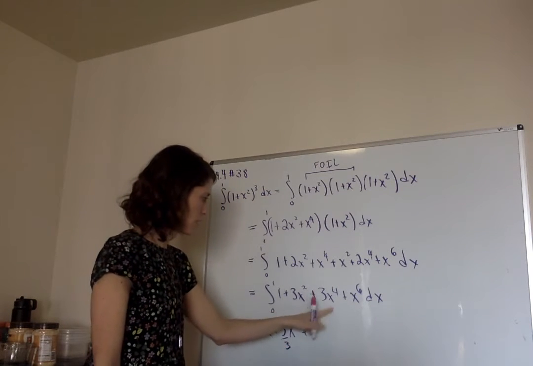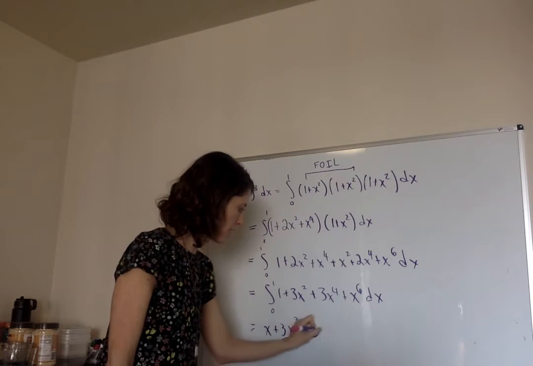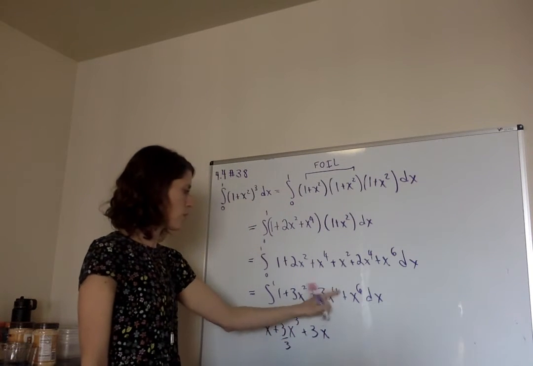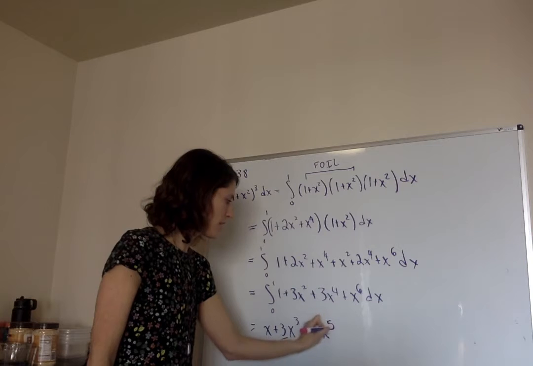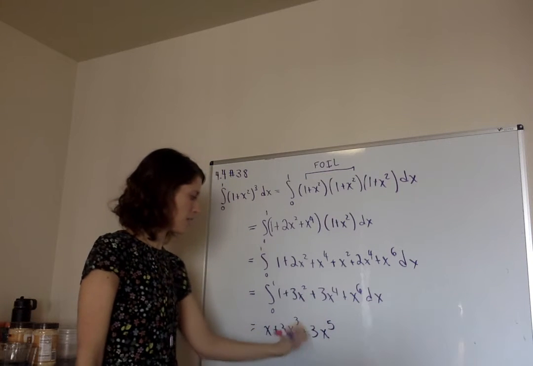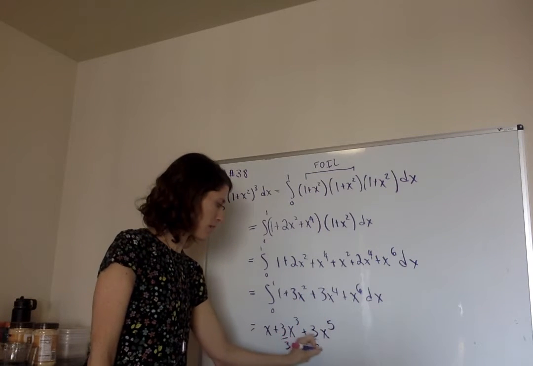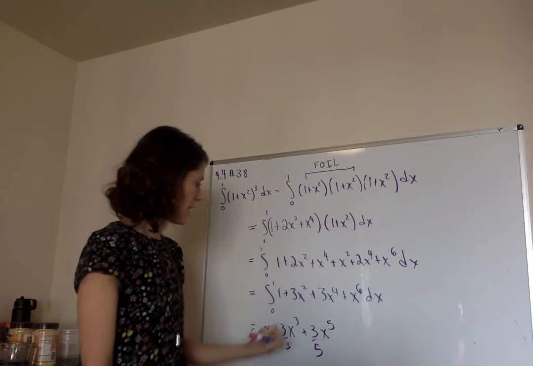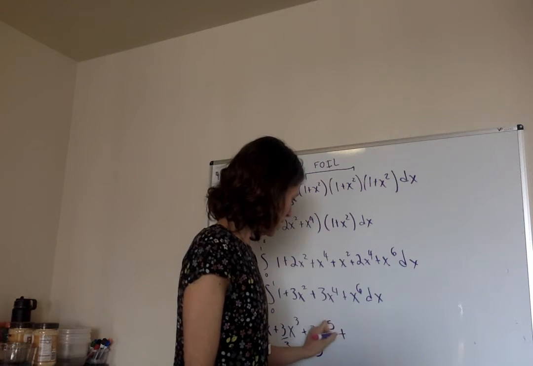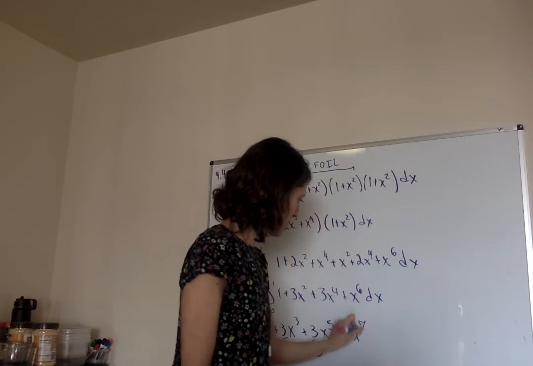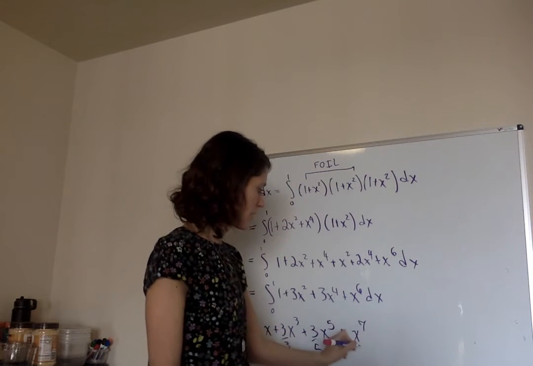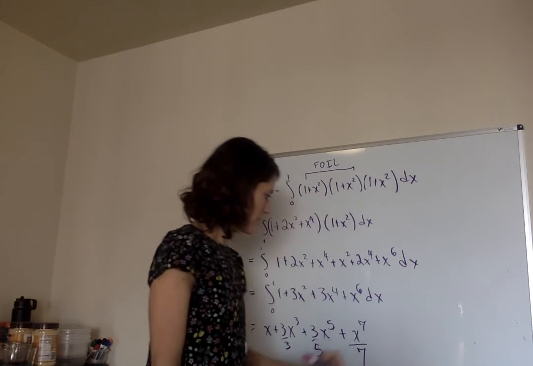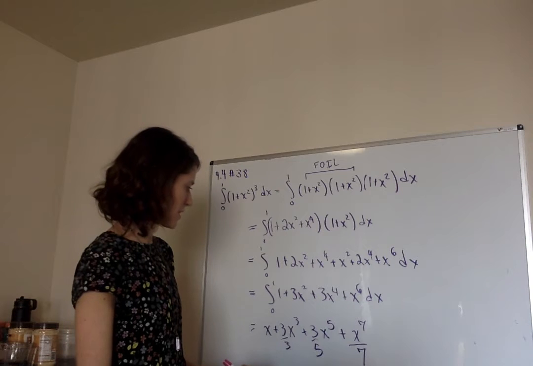Here, 3x to the 4th: 4 plus 1 gives me 5, and whatever's up there, I've got to divide by it, so I divide by 5. And then x to the 6th becomes an x to the 7th, and whatever's up there, I divide, so x to the 7th divided by 7.